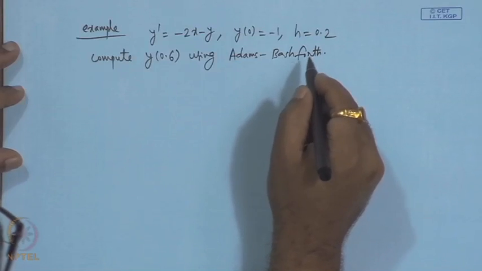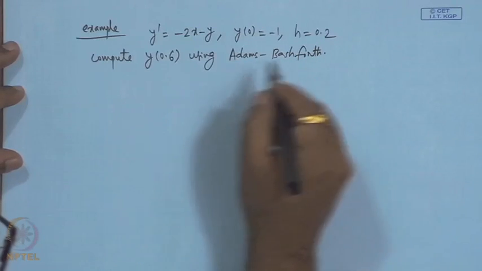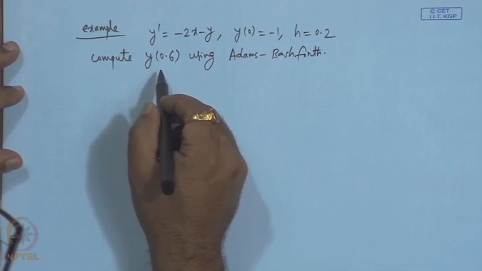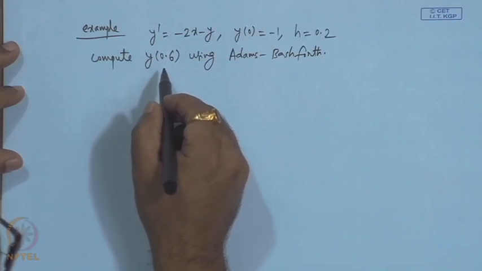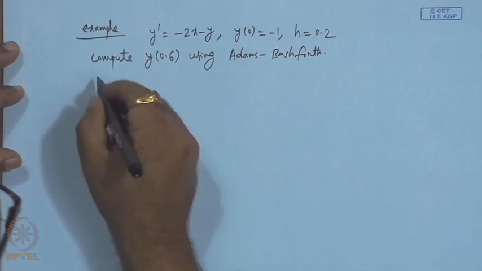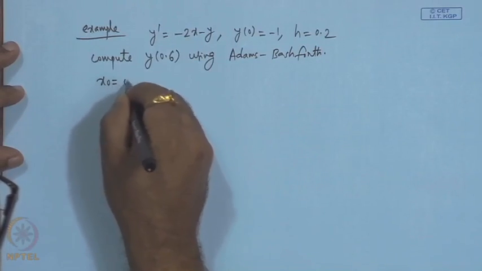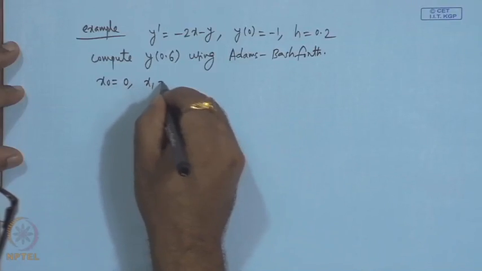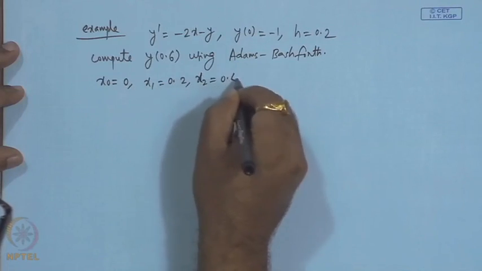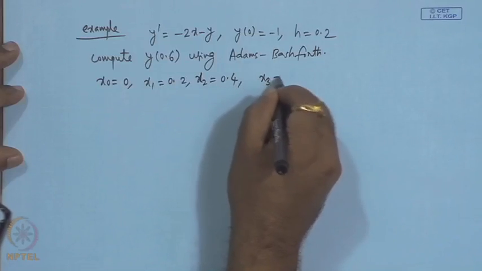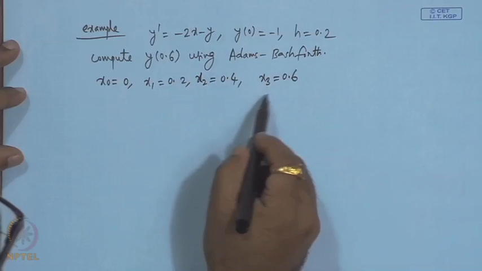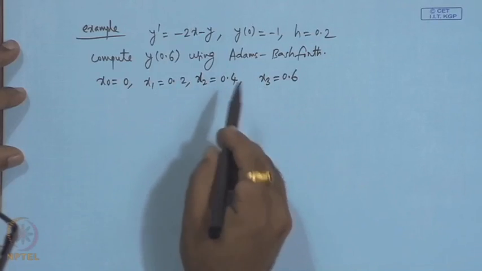So, let us say the formula is given. What are we asking? To compute y of 0.6, right. What was our x 0, x 1, x 2, x 3. So, essentially we are asking to compute y 3, right.